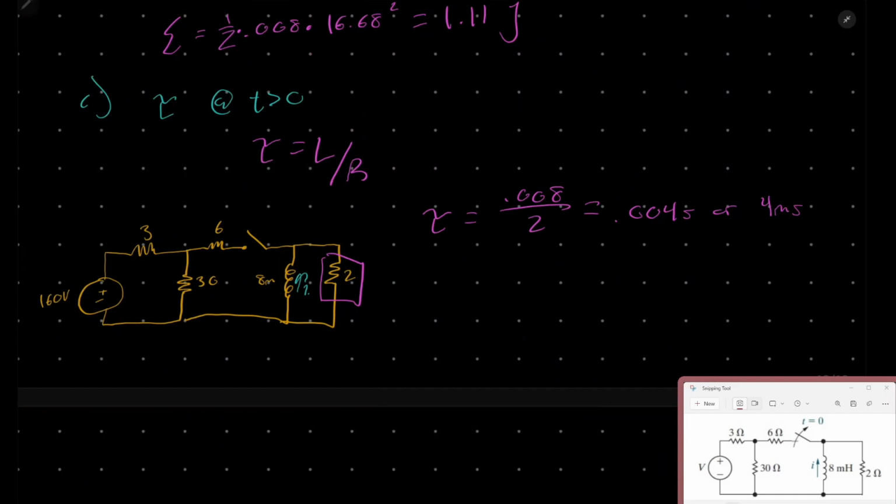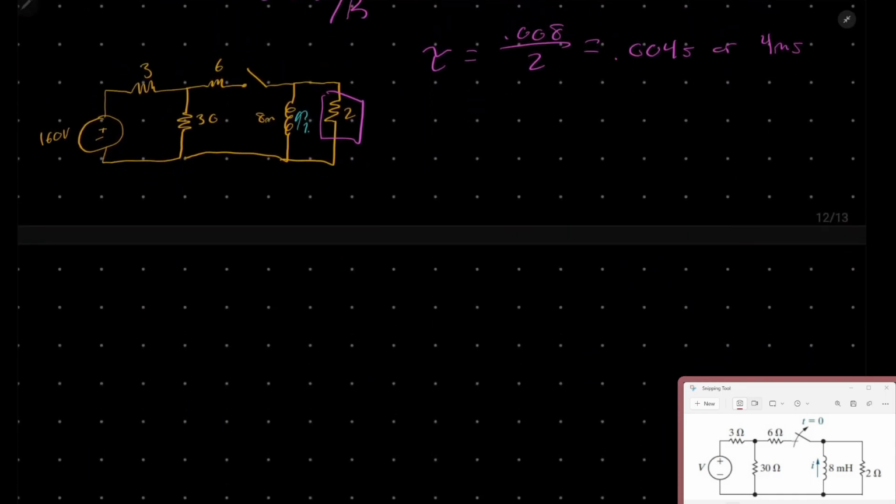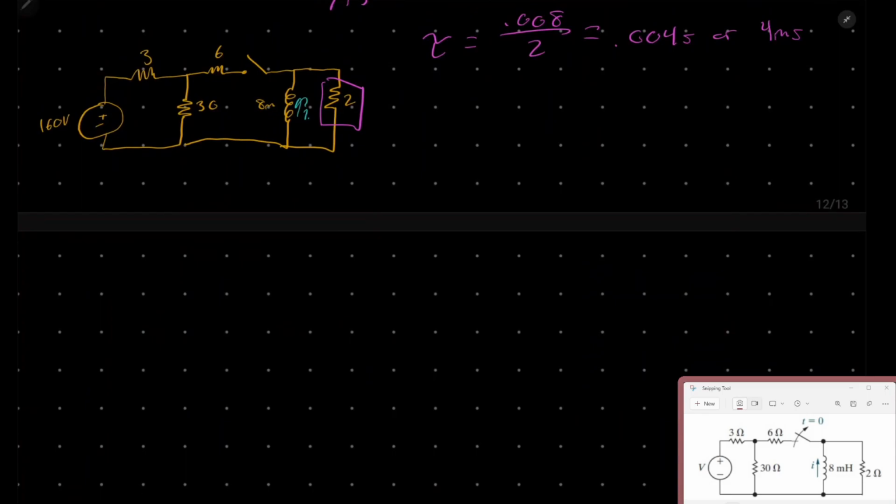So now that we have tau, we are able to create the expression for the current at the inductor after the switch opens. Because what the inductor is going to want to do is keep the same current after the switch opens.